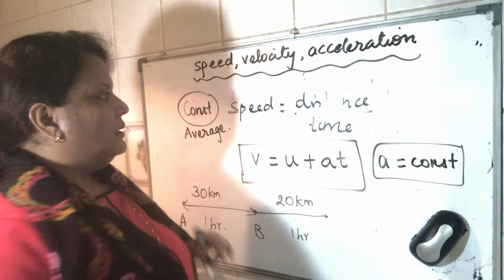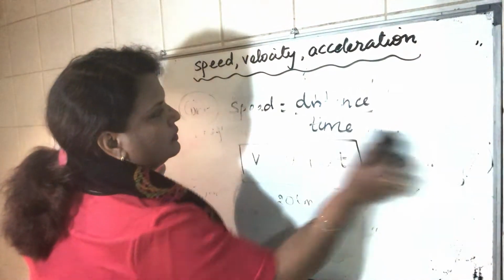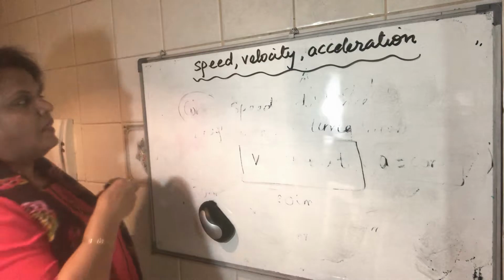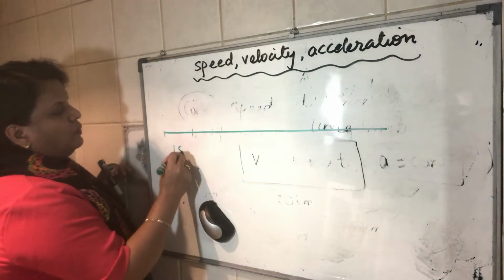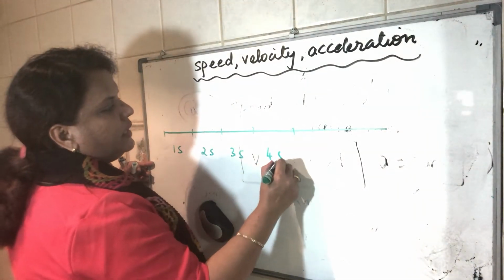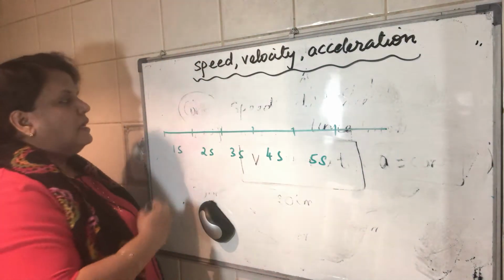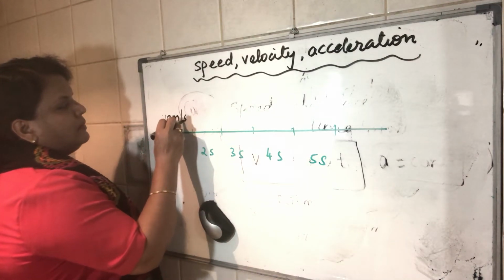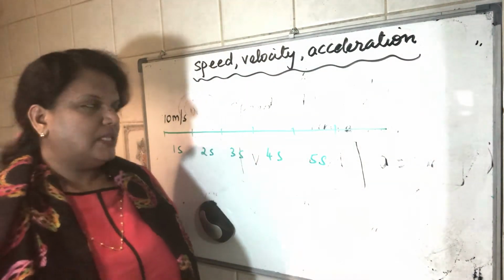We see it in an example. I'll divide it into a few seconds: 2 seconds, 3 seconds, 4 seconds, and 5 seconds. Constant acceleration means, for example, the object is traveling at 10 meters per second in the first second.